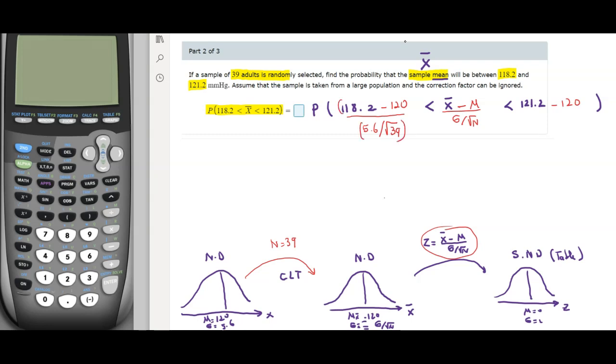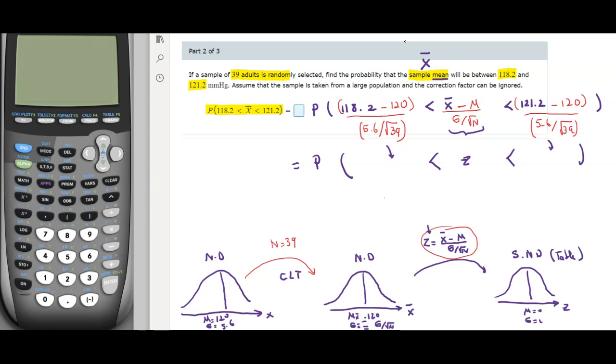Don't forget the parentheses. I'm going to do the same thing from the other side. This value is going to be calculated by the calculator. It became z, and this other value is also going to be calculated with the calculator, so we can use the table and get the probability.